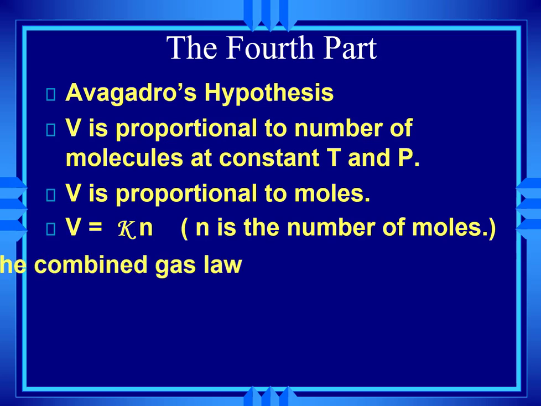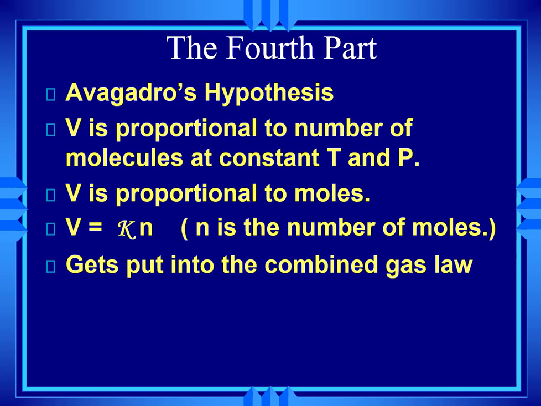What they do is I got to put N into the combined gas law. So all I really have to decide is, is N going to go on the top or on the bottom of the combined gas law? Well, it's directly proportional to volume. What else is directly proportional to volume?